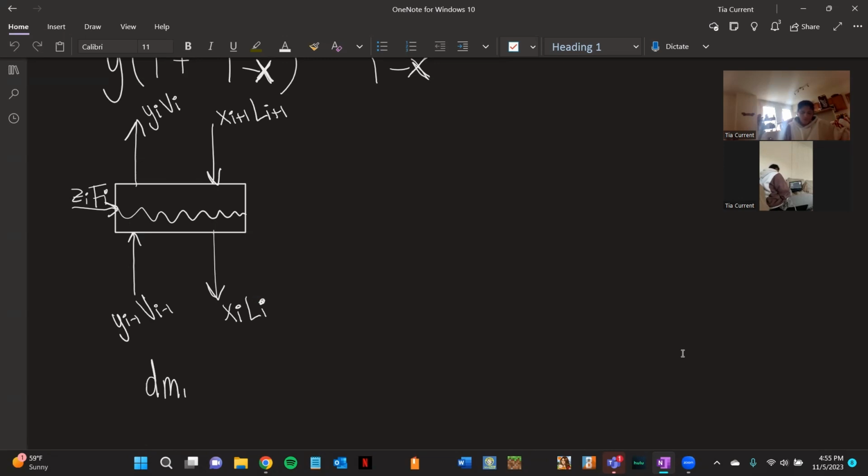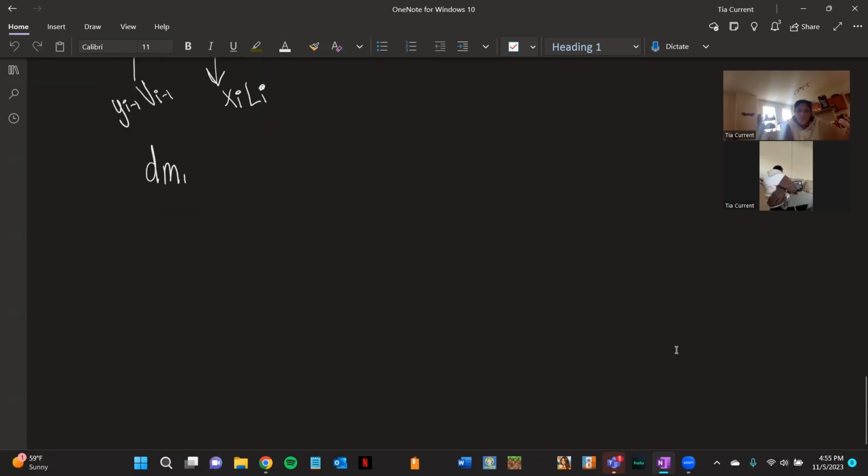So d mi xi over dt is equal to, and since you have your m and your x, you're going to be doing the positive parts first. So I like to do yi minus 1 vi minus 1 plus xi plus 1 li plus 1, because they're both going in.